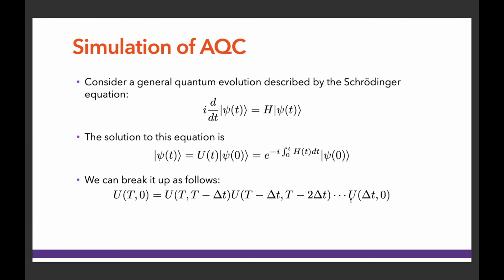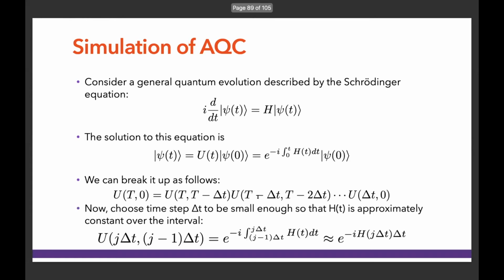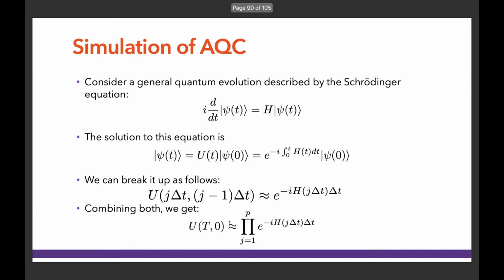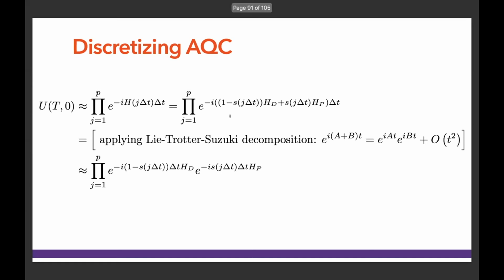So let's break it up into small time steps and assume that on each time step, the Hamiltonian is roughly constant. And so this gives us a product of exponent of minus i H_j delta t, where delta t is small, so that H is constant over this delta t. Now recall that our H is actually this time-dependent Hamiltonian that has two terms in it.